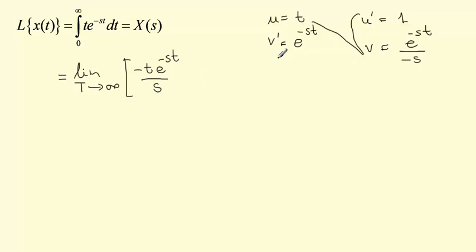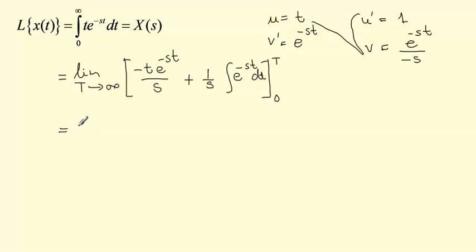Now, applying our formula of integration by parts, with the minus sign and the minus sign, that will give us a positive 1 over s integral of e to the power minus st. I'll write my limits of integration this way, from 0 to infinity. What I mean by this is that I will finish the integration, then evaluate, and then calculate the limit.